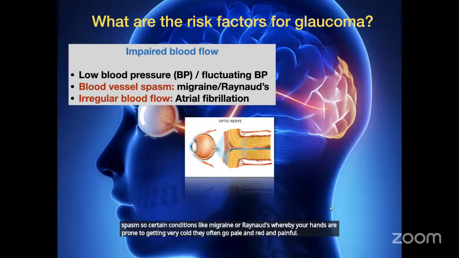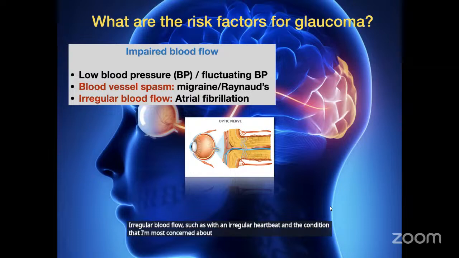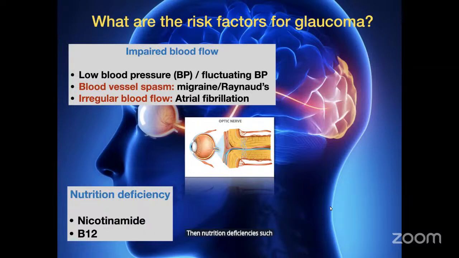Irregular blood flow, such as with an irregular heartbeat, and the condition that I'm most concerned about is atrial fibrillation, whereby the heart beats very irregularly, so you get impaired blood leaving the heart, and the blood pressure fluctuates significantly throughout the day. Then nutrition deficiencies such as nicotinamide or B3, and also B12, which also can affect optic nerve function.